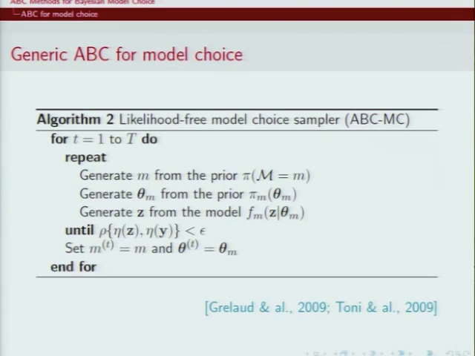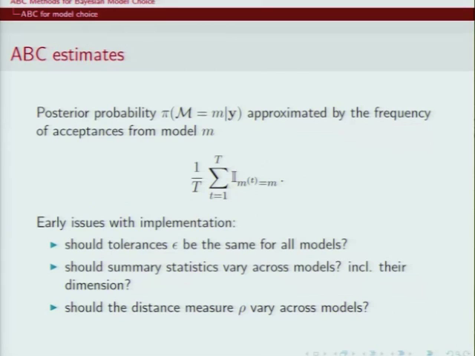Okay, so that's the generic ABC model choice that will run and produce a frequency for different model indices, and those frequencies will hopefully converge to the posterior probabilities that the model index is equal to m given some aspect of the data. We are losing information, so it's not exactly pi of m given y. But if T goes to infinity and epsilon is close enough to 0, we should get something that resembles the posterior probability that the model index is equal to m.